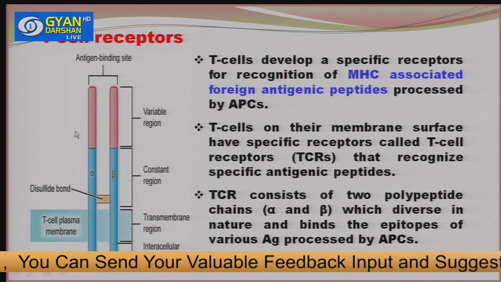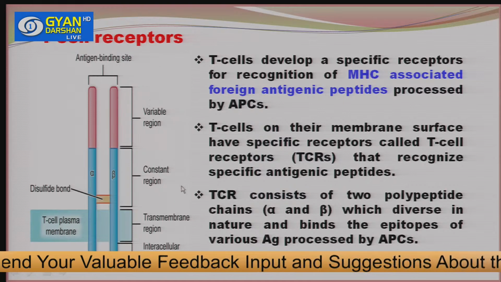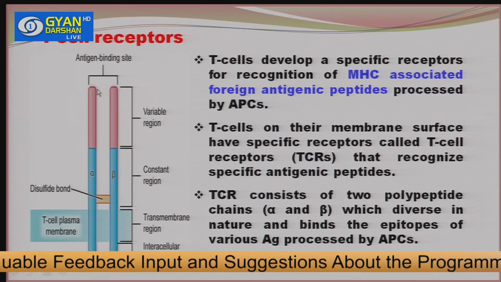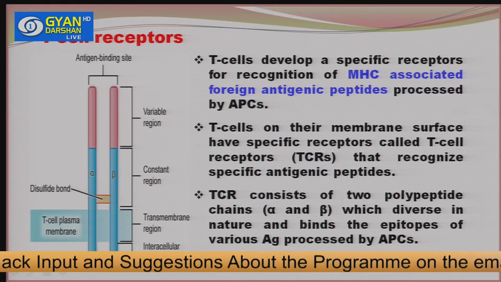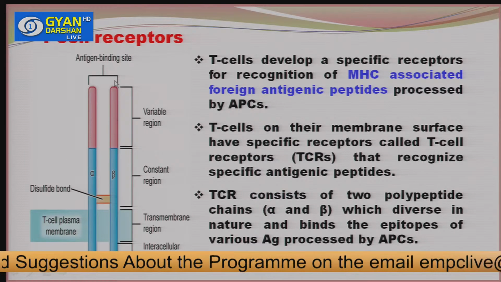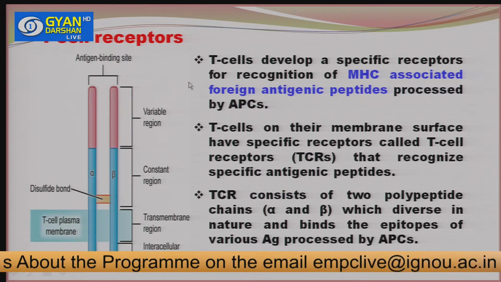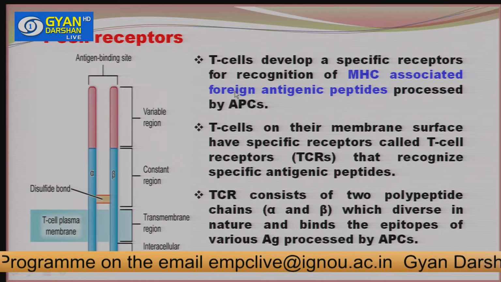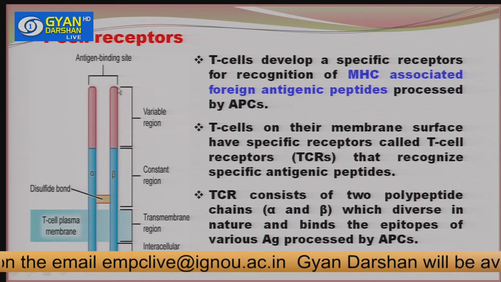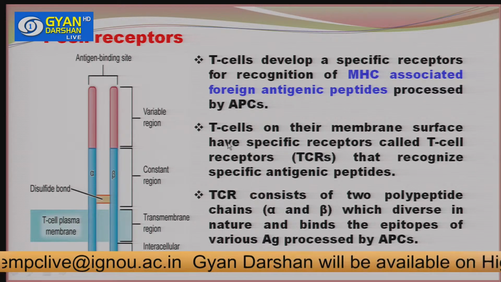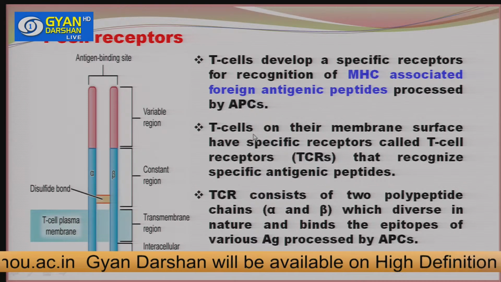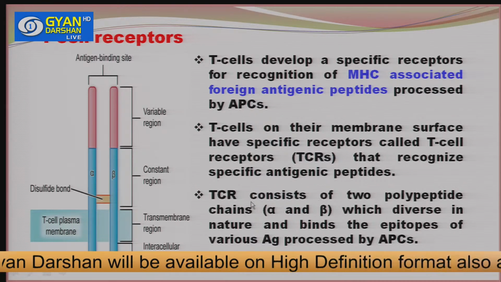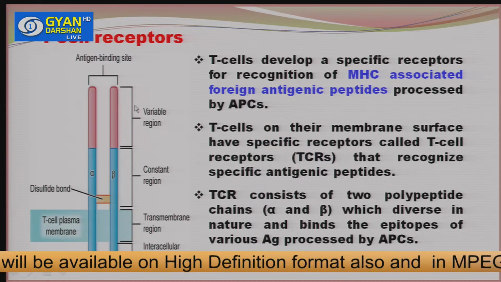Without this receptor, it will not activate or mature, or they are not able to bind with the MHC associated foreign antigenic peptides, so the reaction will not take place, and ultimately they will not be able to kill the pathogens. And the TCR consists of two polypeptide chains.